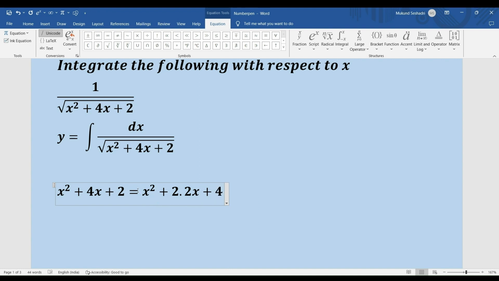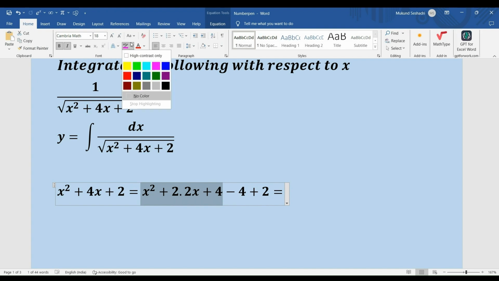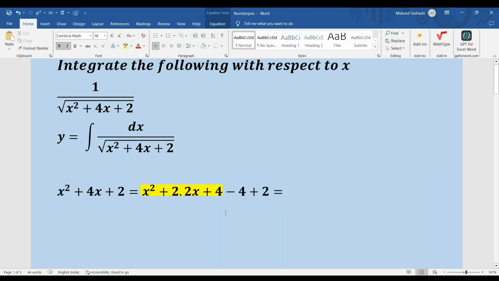So if I add a 4 and I subtract a 4, which doesn't change the expression, and I still have my plus 2 out here, and I combine the first three terms, let me highlight it in yellow. I have an x square plus 2 times 2x plus 4, and my 4 is nothing but a 2 square. So now I have x square plus 2 times 2x plus 2 square minus 4 plus 2. Now the expression highlighted in yellow is nothing but x plus 2 the whole square, right?